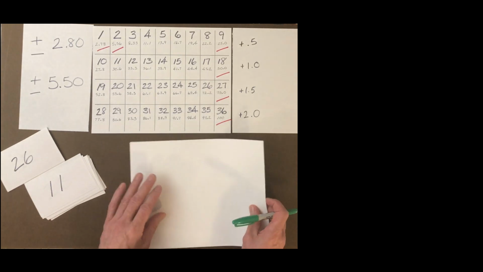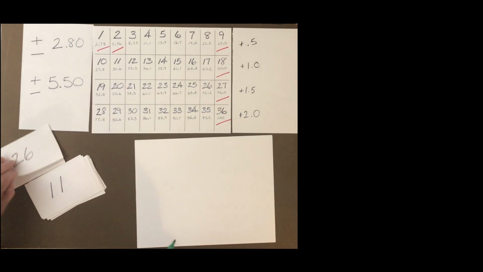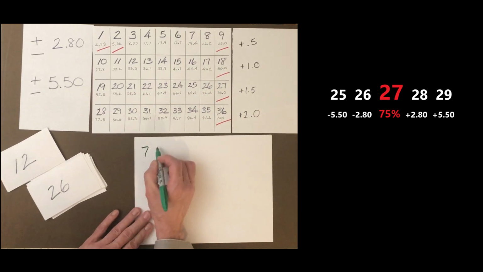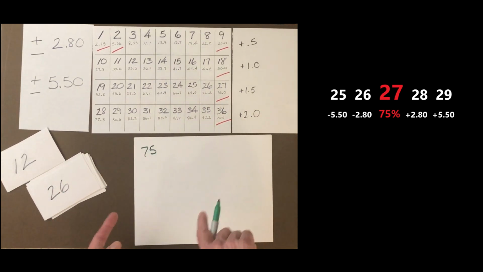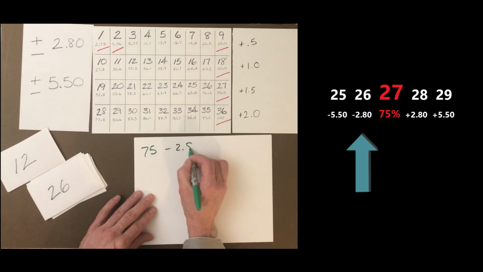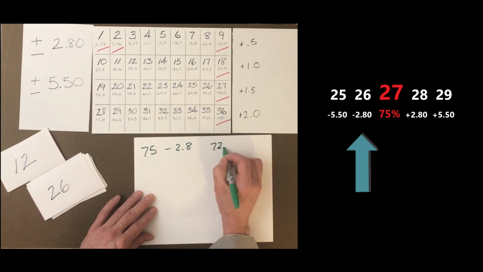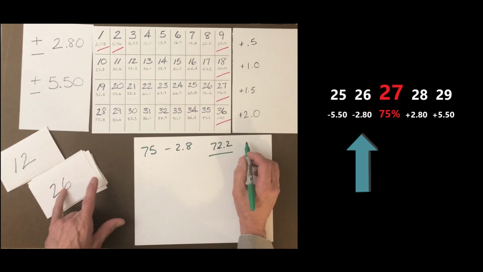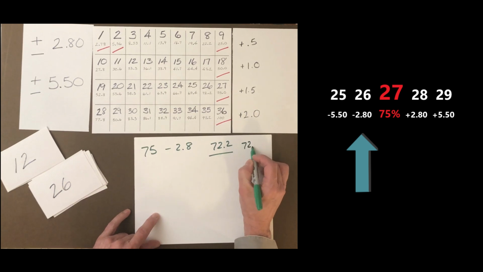Our next number is 26. 27 we know is 75%. We're 1 less, so all we have to do is subtract 2.8. 72.2, actual answer for 26 is 72.2.